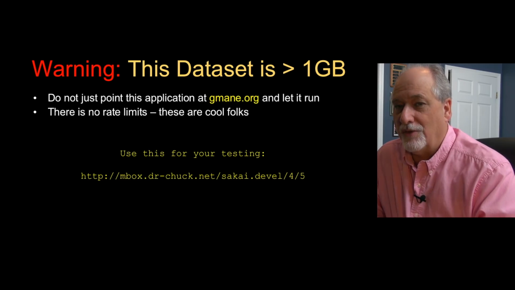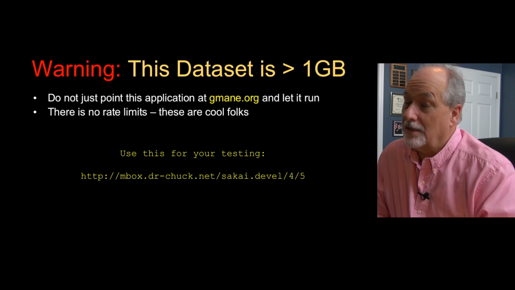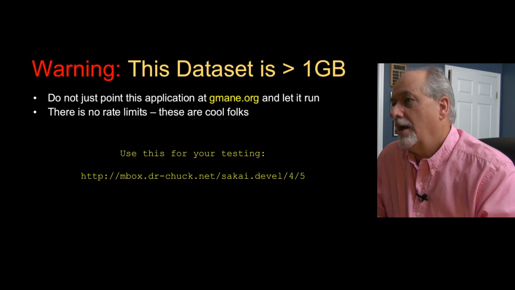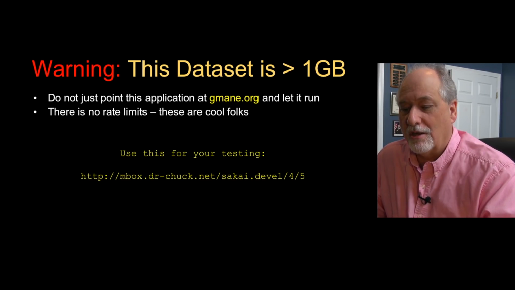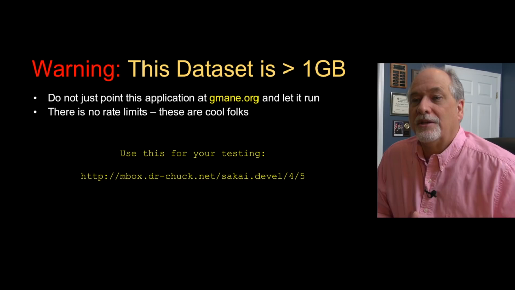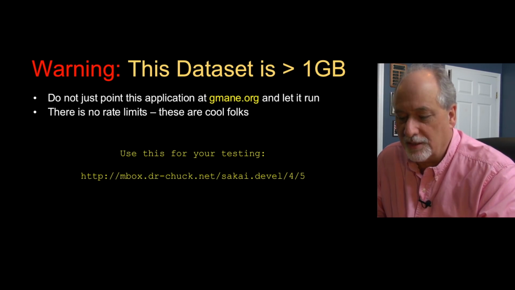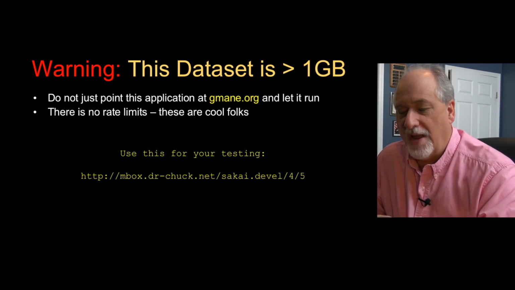It just doesn't have the horsepower to give you this data as fast. And so I've got something that can give you the data super fast and has no rate limit on a really good server, and it's cached all around the world using a technology called Cloudflare. So please, please, please don't point this at gmane.org. Point this at the URL here, and then you can run this as fast as you like.